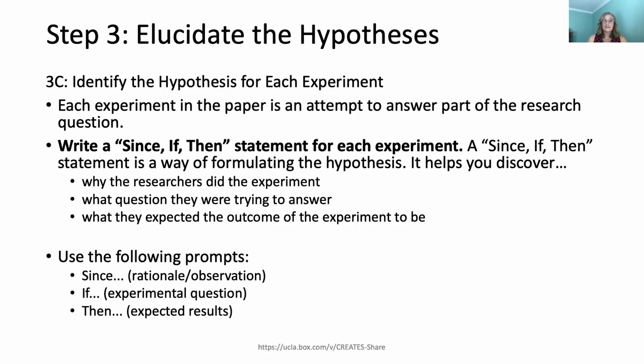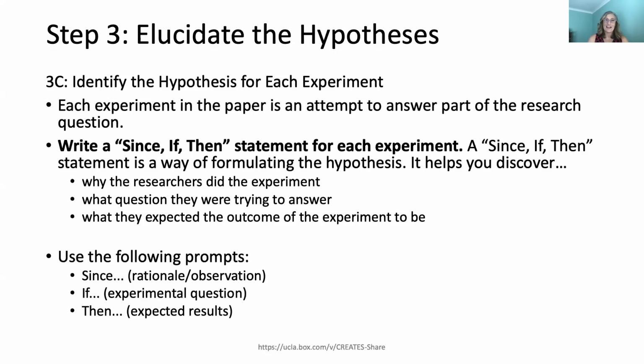The since, if, then statement is a way of formulating them to help students think about why the researchers did the experiment, what the actual question is that they're trying to answer, and what the expected outcome is. So that's the since, if, then: the rationale or the observation that led to the experiment, what the experimental question is that's actually being tested, and then the expected results.